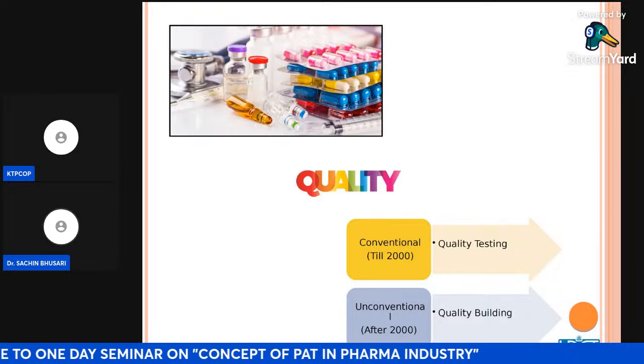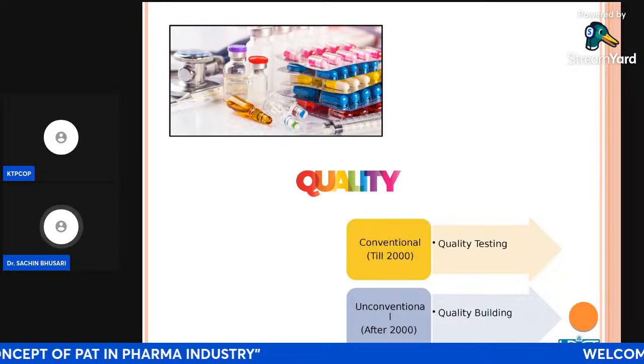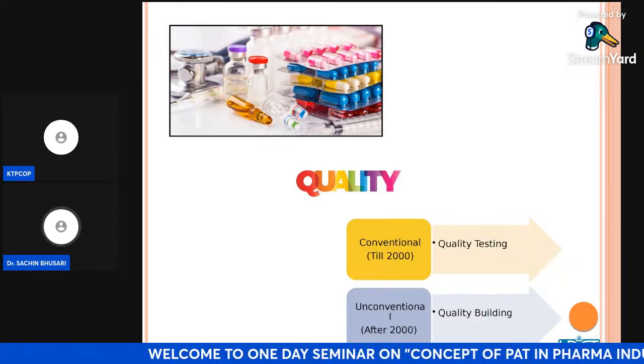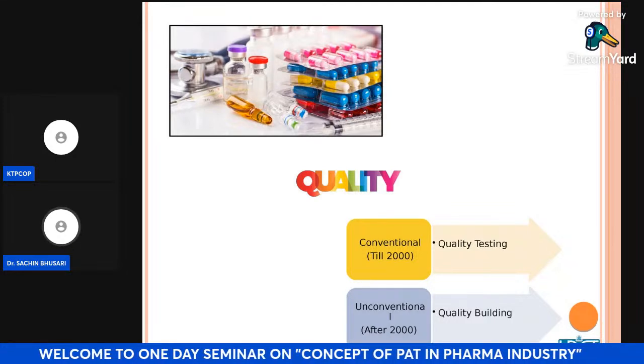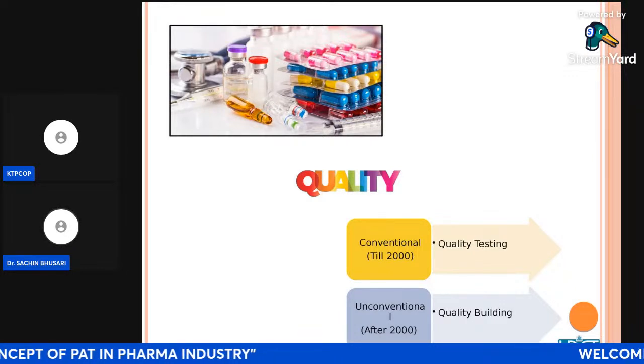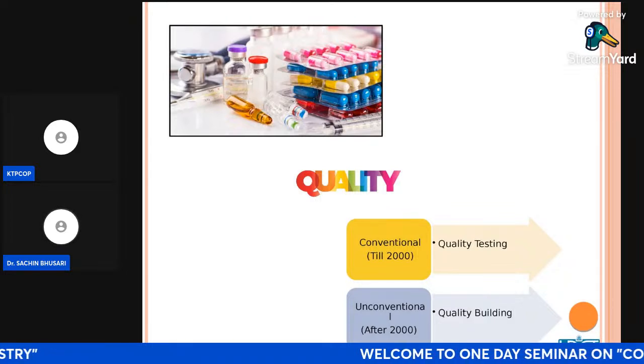If you see the concept of quality in pharmaceuticals, formulations, APIs, in the conventional approach we were more towards quality testing. We all have a good pharma background, so what we learn from theory and practice is quality testing or quality control. We try to control the quality of the formulations or API.